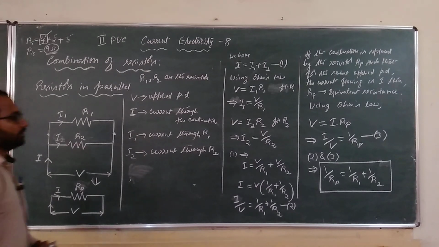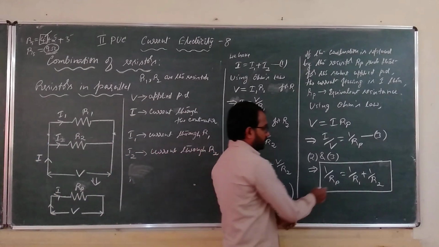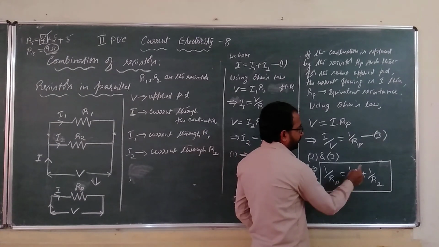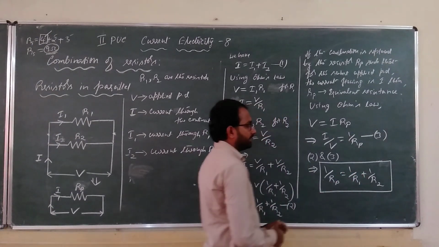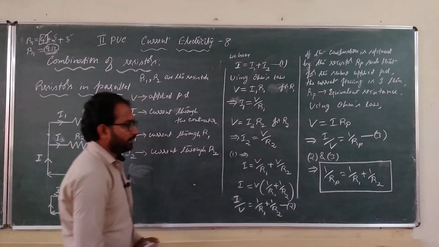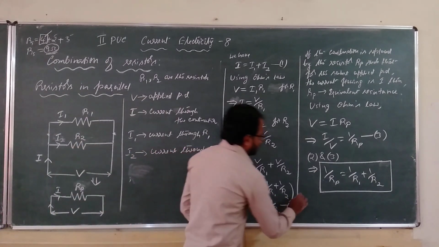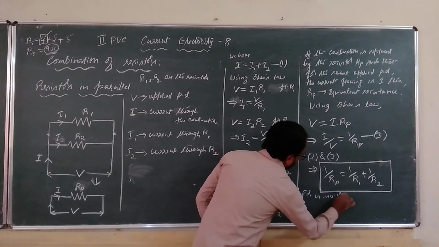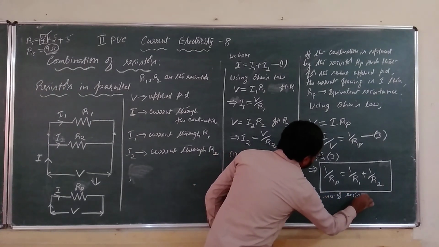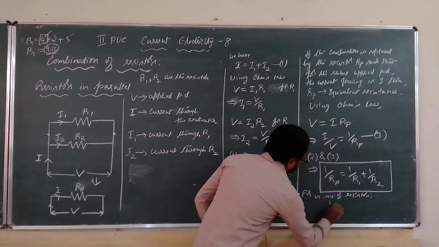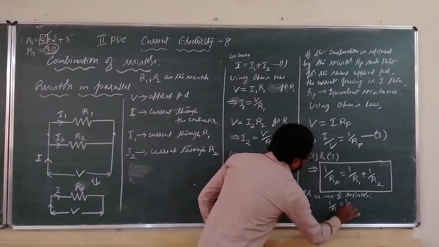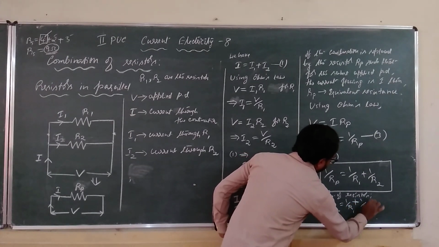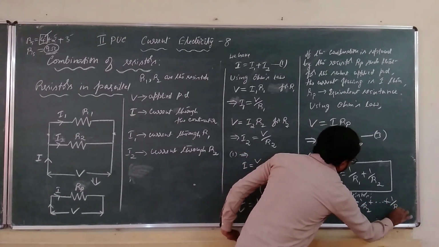Okay. So therefore the inverse of equivalent resistance is equal to the sum of inverse of individual resistances. So for n number of resistors connected in parallel, 1 by Rp is equal to 1 by R1 plus 1 by R2 plus 1 by R3 up to 1 by Rn.